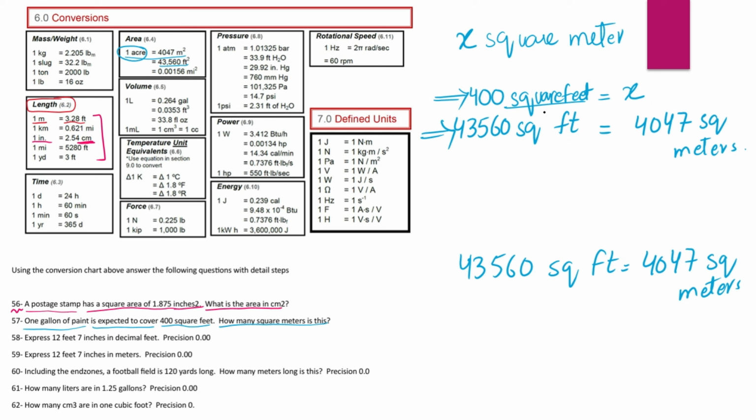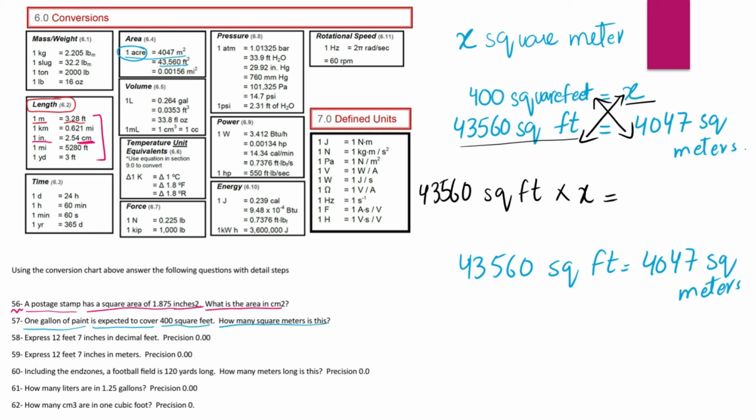For this, let me just do the cross multiplication now. Similarly, we just do the cross multiplication like this. So x will be multiplied by this value, and this value will be multiplied by this. 43,560 square feet multiplied by x equals 400 square feet multiplied by 4047 square meters.